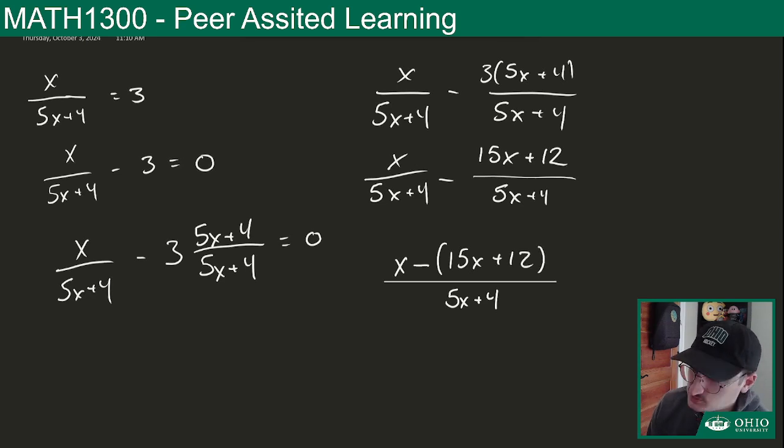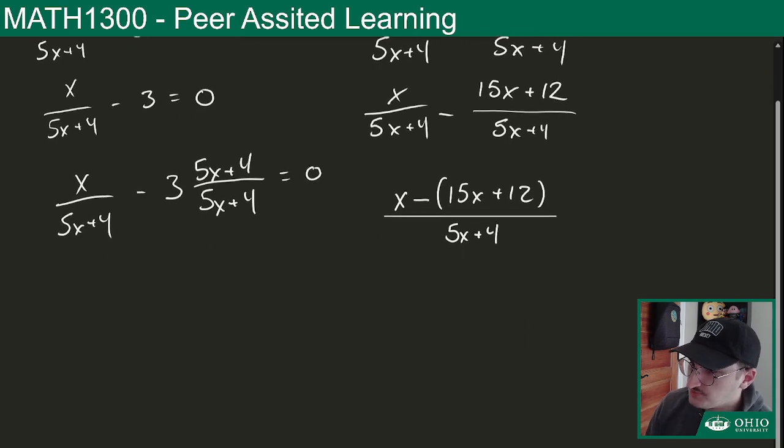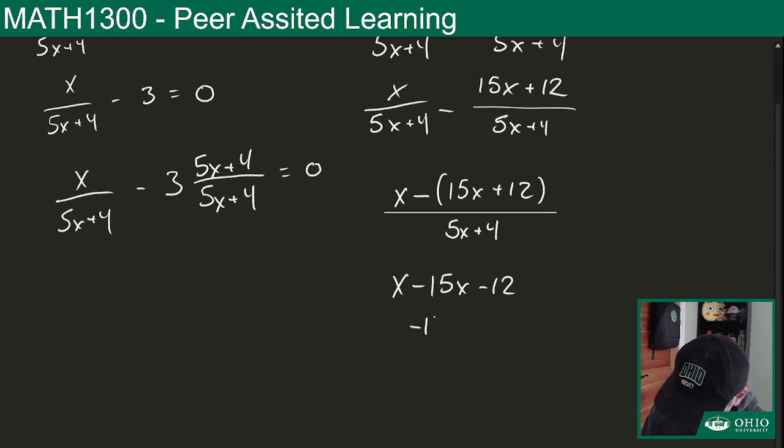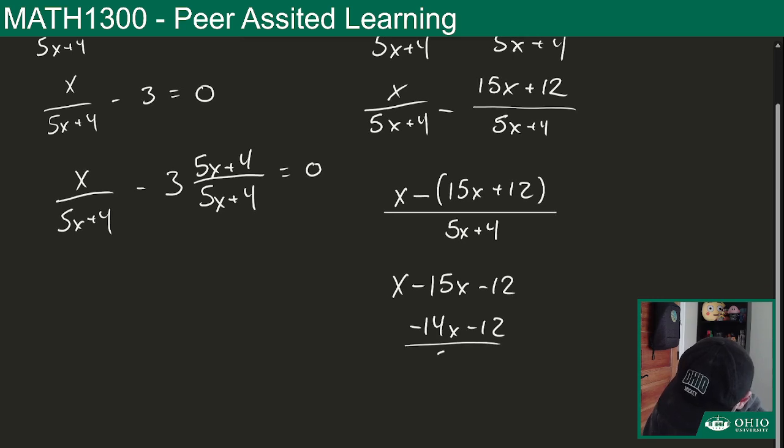It's really important to remember those parentheses because it can be very easy to just try and tack on a minus sign, and then you can kind of forget what's going on. And then it'll be x minus 15x minus 12. And then, of course, x minus 15x will be negative 14x, over 5x plus 4.